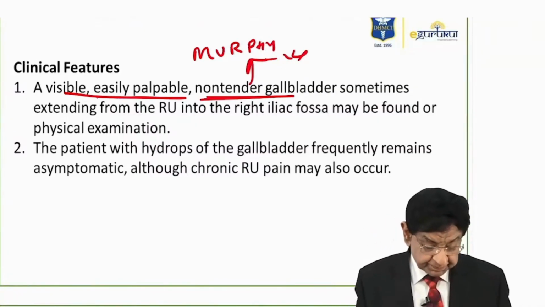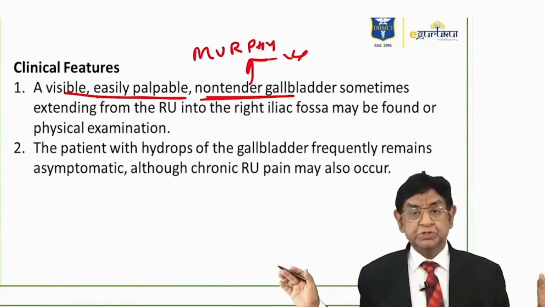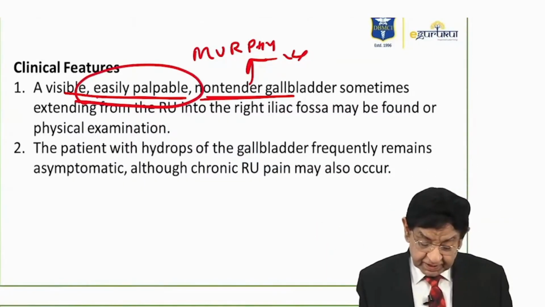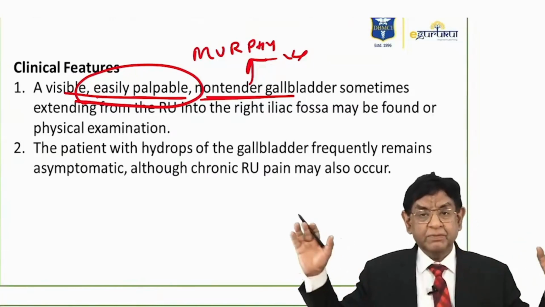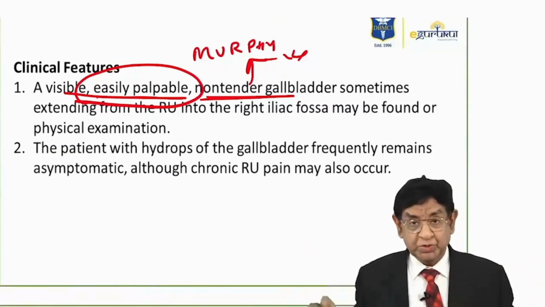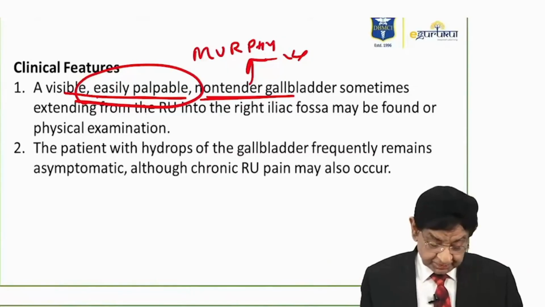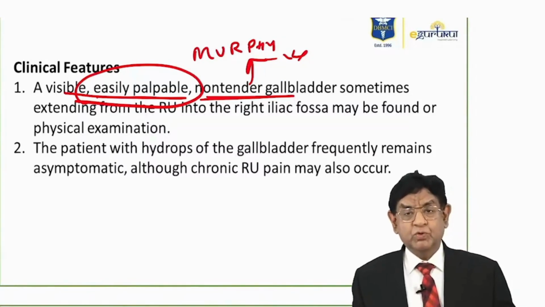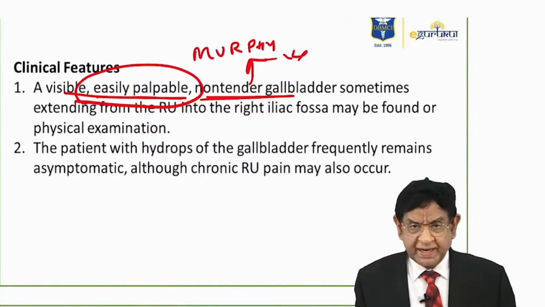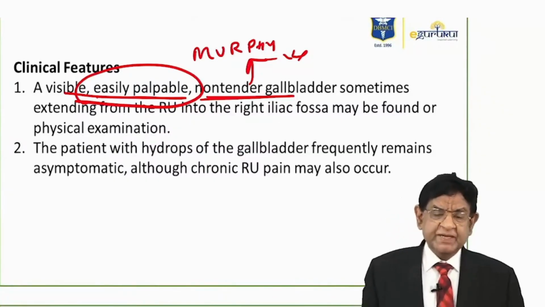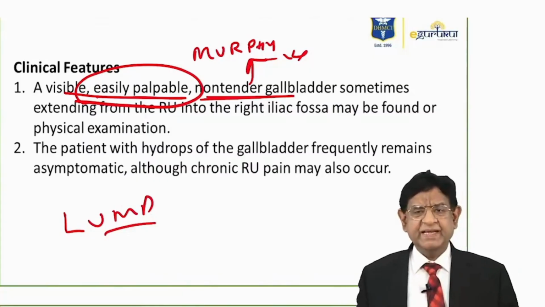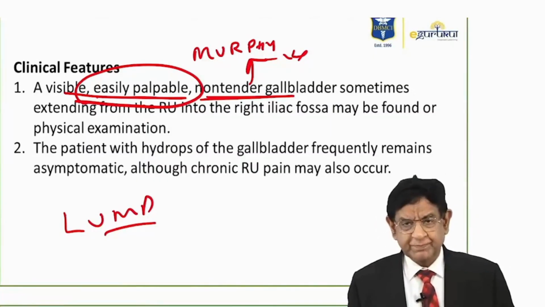But it's huge, easily palpable, and it can expand like a balloon. So most of the time the only finding will be no pain, no tenderness. The patient will come with a lump in the abdomen. He will say, I can feel a swelling in the right hypochondrium.